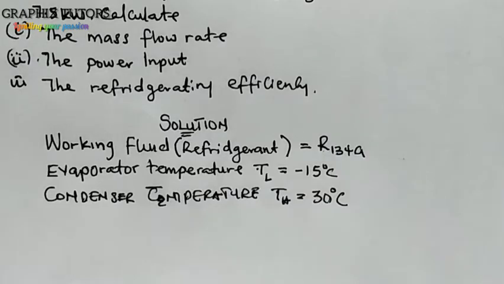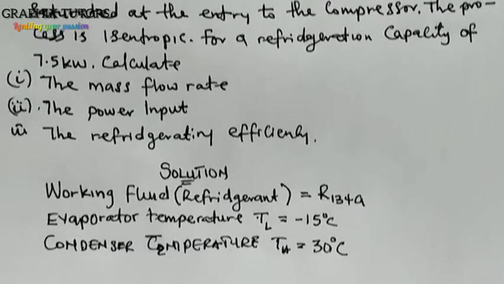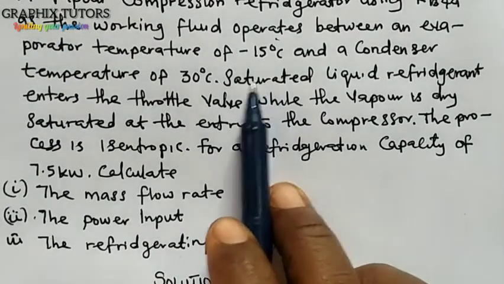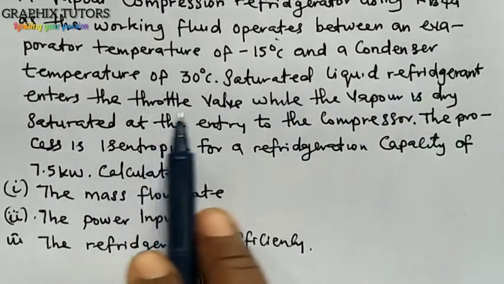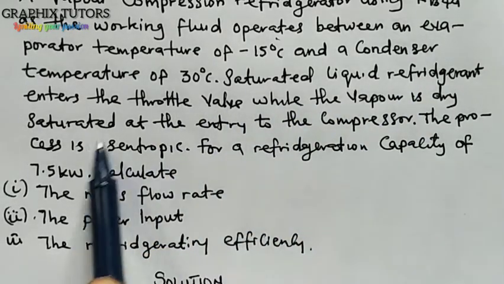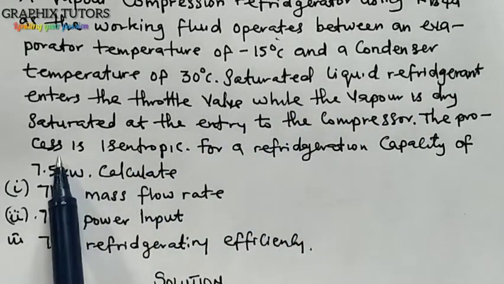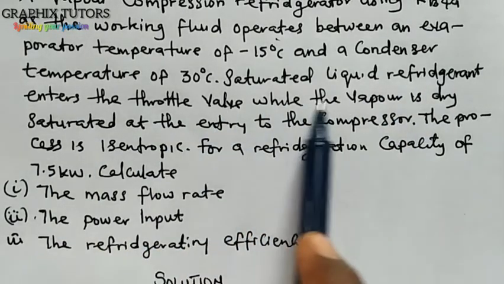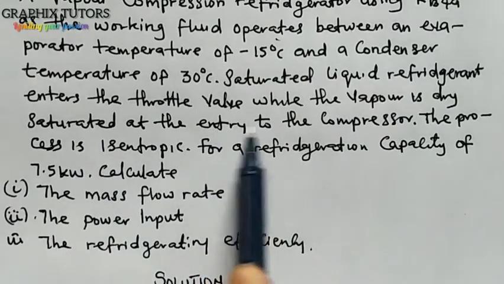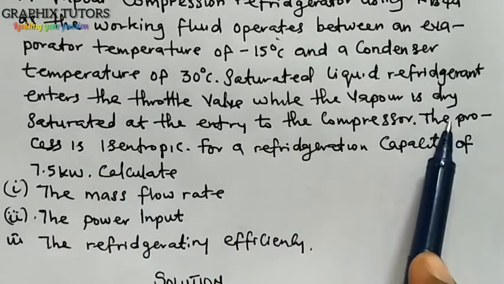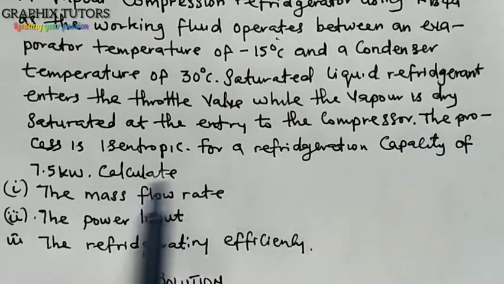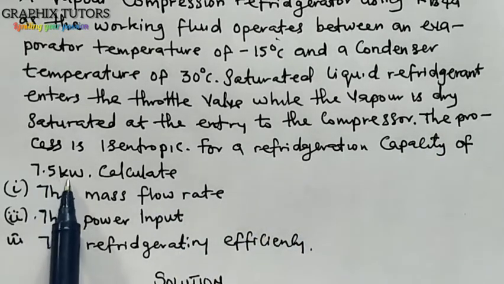Similarly, we are told that saturated liquid refrigerant enters the throttle valve while the vapor is dry saturated at the entry to the compressor. The process is isentropic for a refrigeration capacity of 7.5 kilowatts.